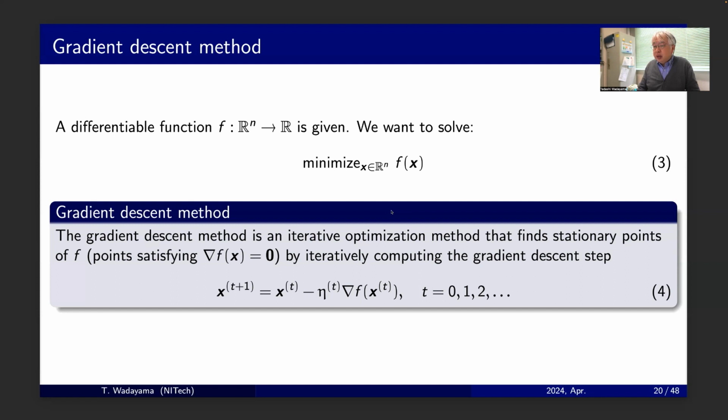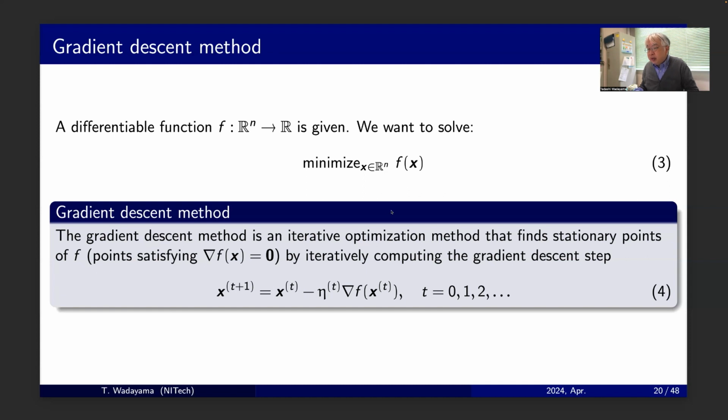The actual iterative formula is given in equation 4. You see, x_t represents the system's state. So x_{t+1} represents the system's state at time t plus 1.